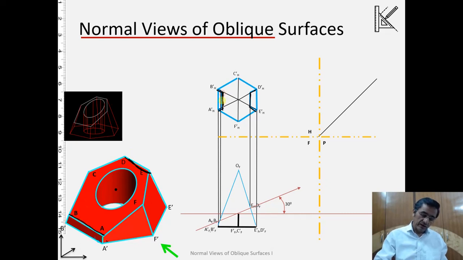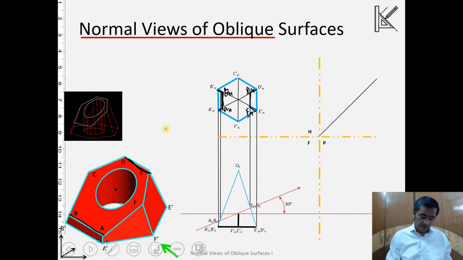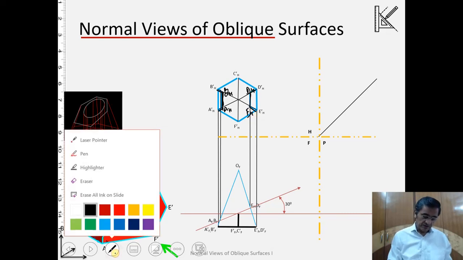So this is my AB and this is my DE on the horizontal projection. Of course I should write here H, H, H and H. Okay, let's take it forward.